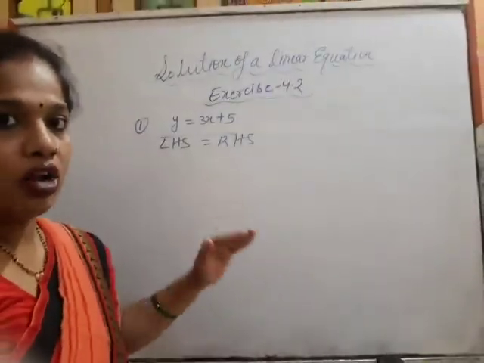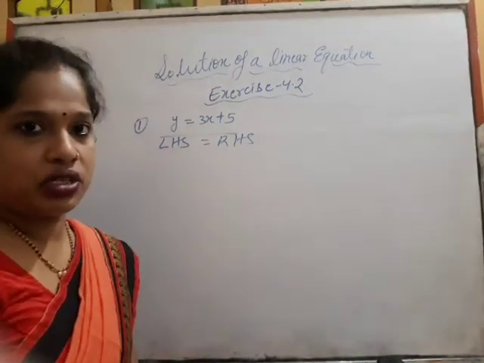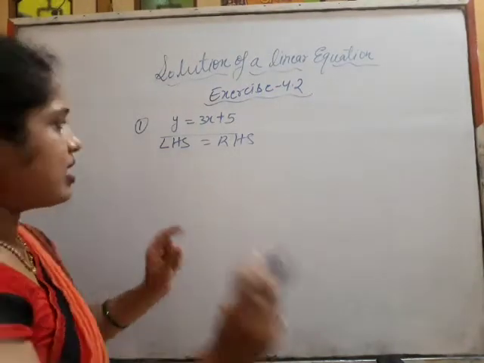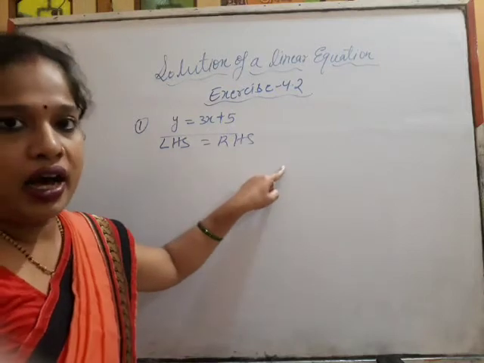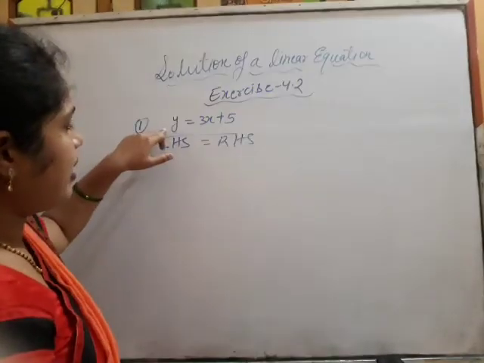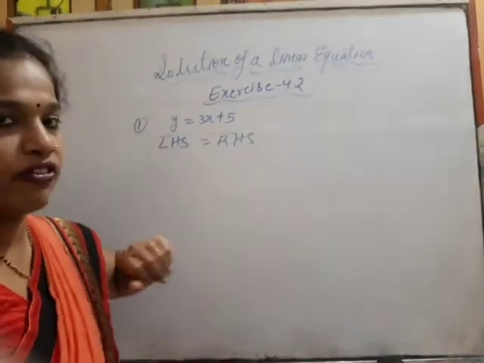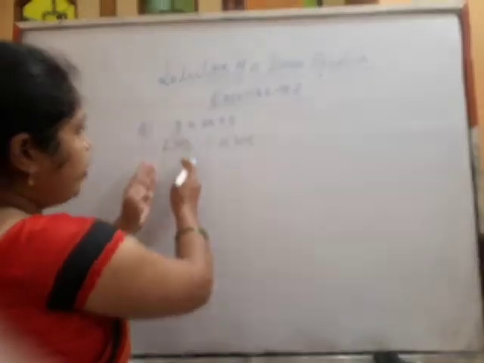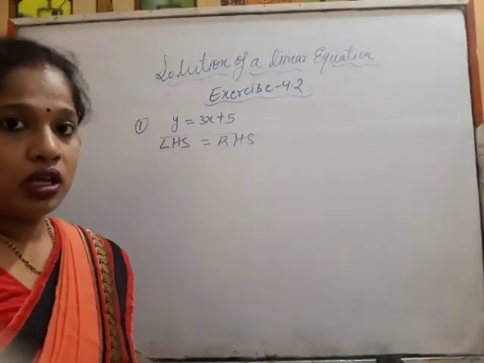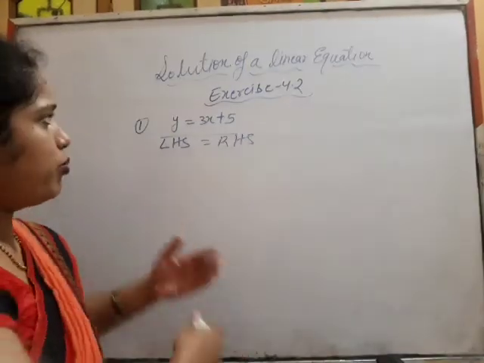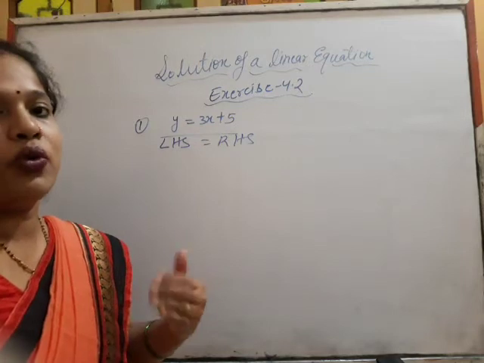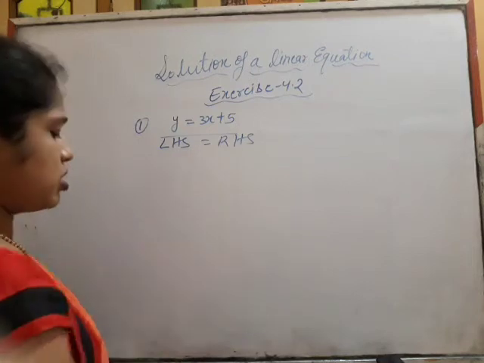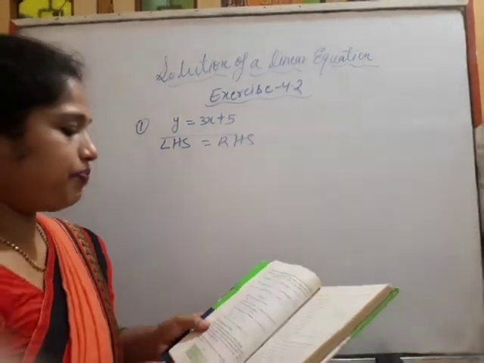It is already written in this form, y = 3x + 5. For different values of x you will get different values of y, so the numbers are infinite. If you put any number in place of x, you will get a different value of y. So this equation will have infinitely many solutions. So the third part is the answer.